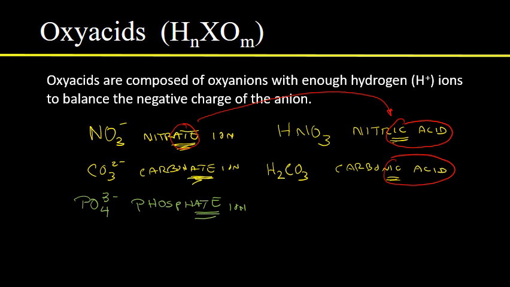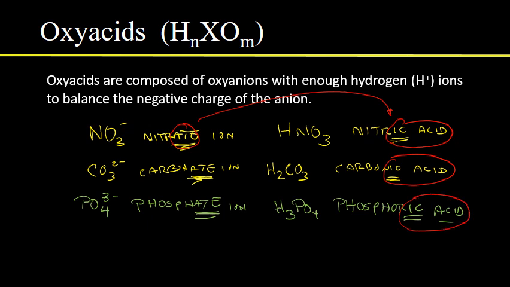All right, since that has a -3 charge, we would need 3 hydrogens. So the formula of the acid would be H3PO4, and then the name would fit the same pattern. Phosphoric acid.